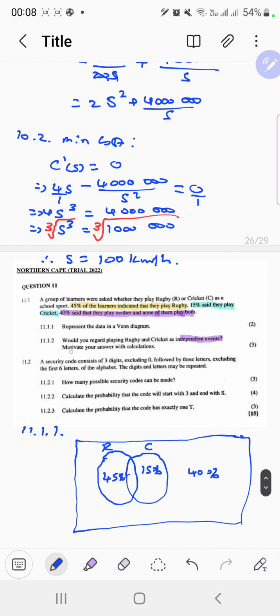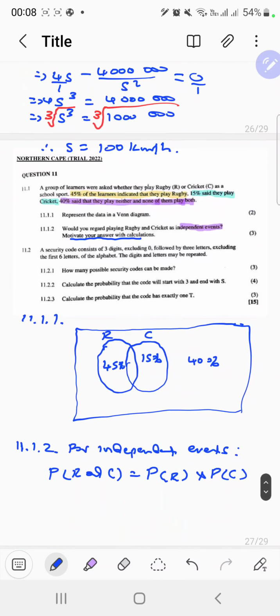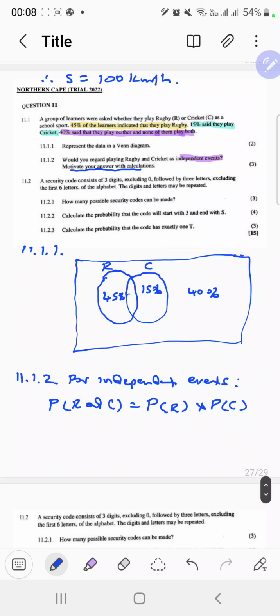Of course, they said here, motivate your answer by showing some calculations. So now, how do we deal with this one? We know that no one plays both. So these events happening together is basically 0. So 0 is equal to 45% multiplied by 15%, which implies that 0 definitely is not equal to whatever that is. 45% multiplied by 15% is 27 over 400.